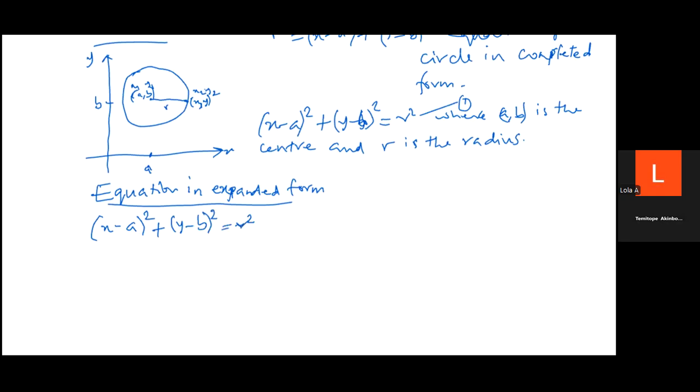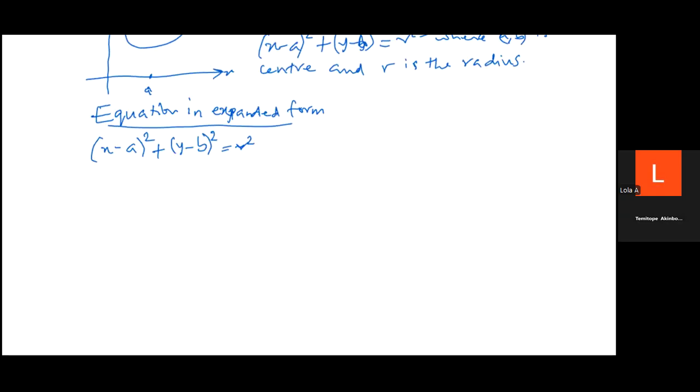Okay, hurry up. We'll expand the left-hand side of this. So this will give us x raised to the power of 2 minus 2ax plus a squared.